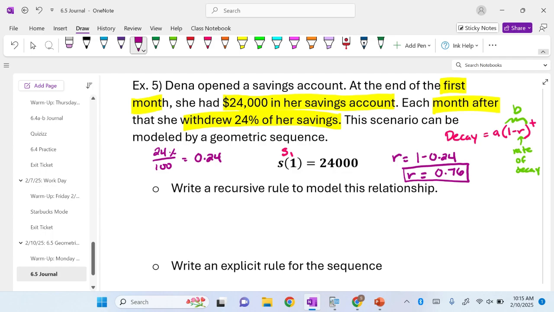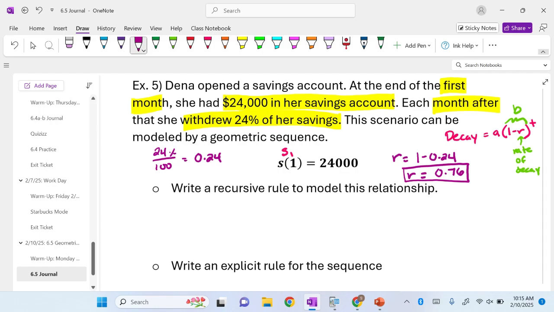Now, why is it that I would have to multiply 0.76 and not 0.24 to get to my next value in the sequence? Why is that? So think about this logically. If you multiply 0.24, or 24%, of 24,000, would that give you the money that you took out or the money that you have left?